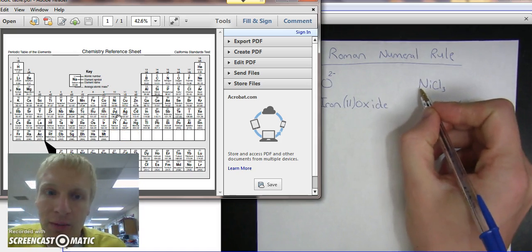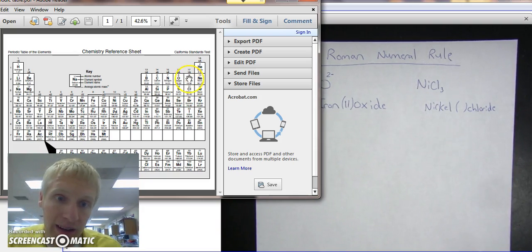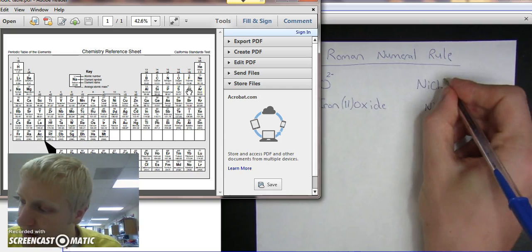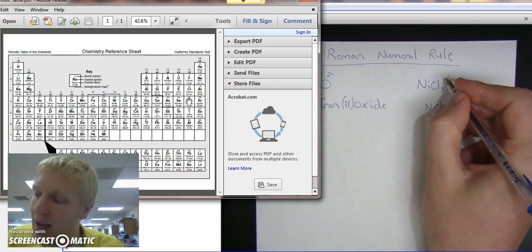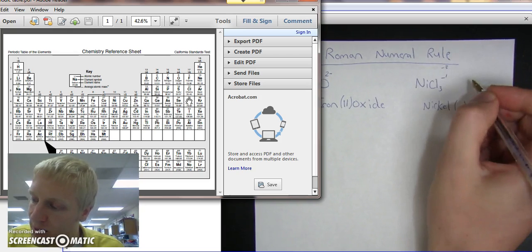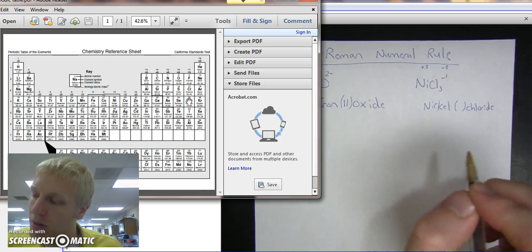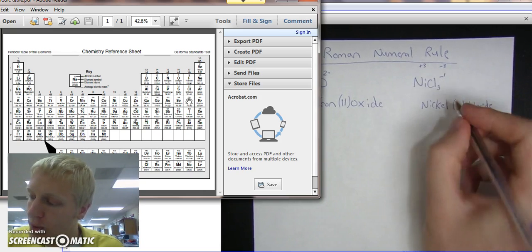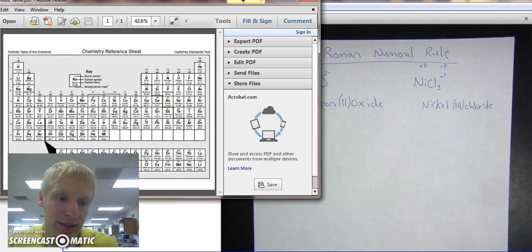And I'm not sure what the charge of nickel is in this situation, but I do know that chlorine is a halogen and it has a -1 charge, but there's 3 of them. So 3 times -1 is -3. Therefore, my overall positive charge needs to be +3. So nickel is going to be 3 in this situation.